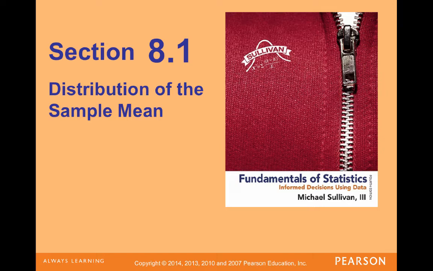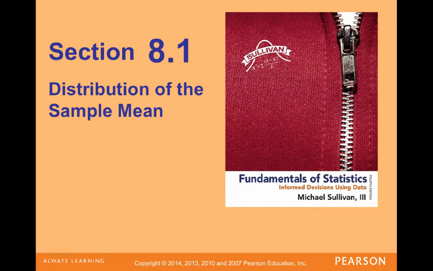One of the big things we talked about in Unit 1 was that if we don't know the population mean and we want to figure out what it is, we can use the sample mean. We can conduct a sample and compute the sample mean and use that as an estimate of the population mean.